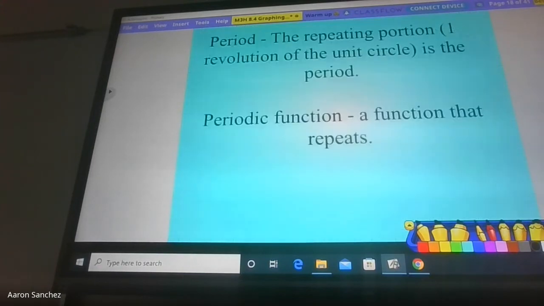What is the amplitude? Now we're going to talk about the period. The period is the repeating portion, or one revolution around the circle. It's basically the pattern that happens once. Top, bottom, top. That's one period. Or middle, top, middle, bottom, middle.